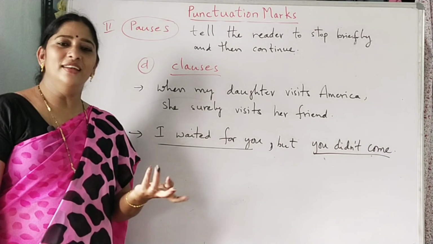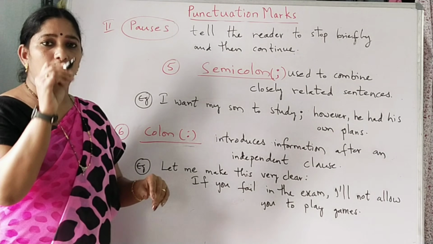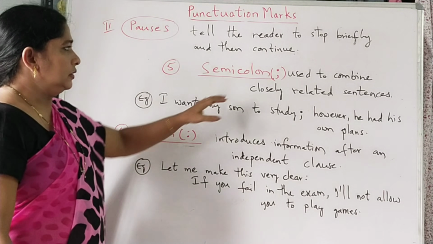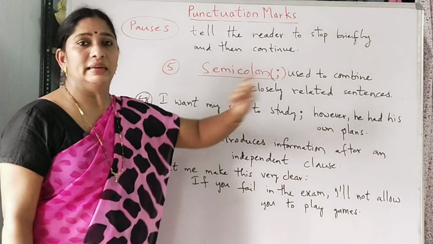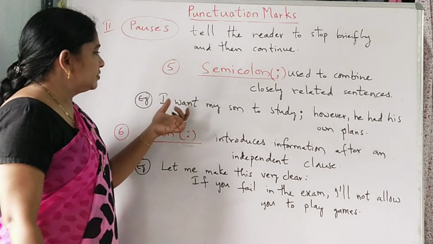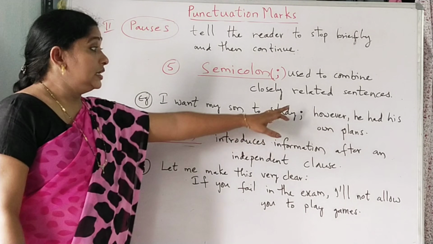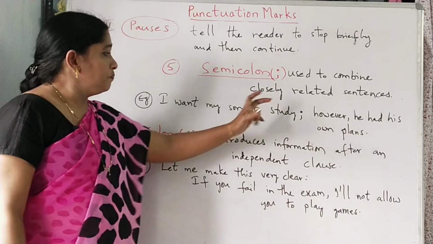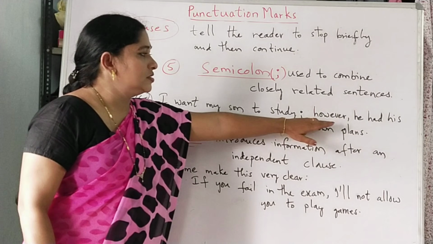Next one is the semicolon, colon. Now you see the 5th one is semicolon. Semicolon, dot and comma down there. This is the symbol for the semicolon. It is used to combine closely related sentences. I have given the example here already: I want my son to study, however he had his own plans. Previously when I told you this, however, the word we used, is a linking word.